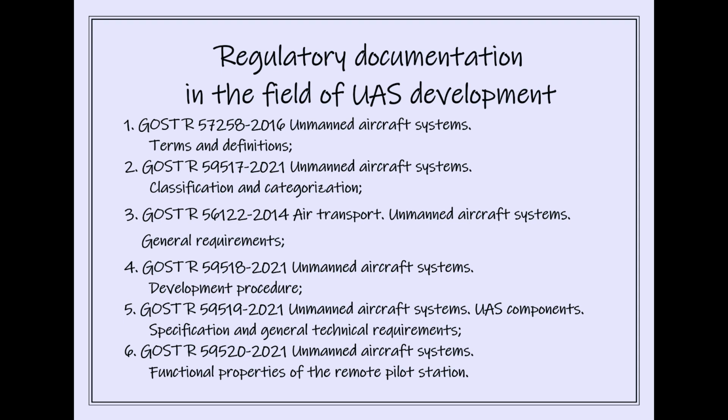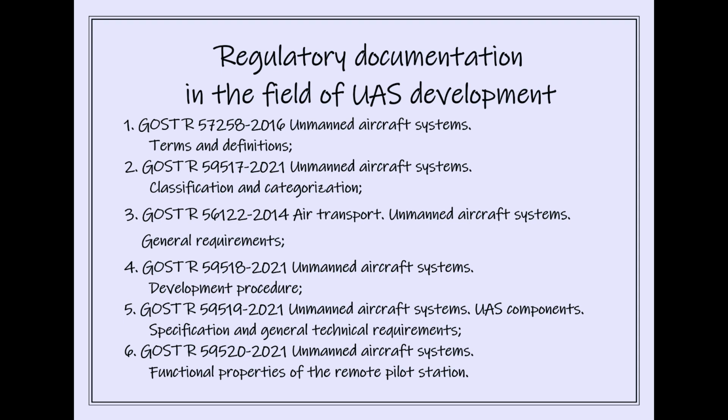The next are categories corresponding to classes, the next international analytical designations, the next name, for example, nano, micro, mini, and so on. The next is range of action, the next is practical ceiling, and the last is duration of the flight. For example, the unmanned aircraft vehicle analyzed in our case with a takeoff weight of 0.25 kilograms belongs to the international classification of micro UAS, small class, first category, and the designation mu.